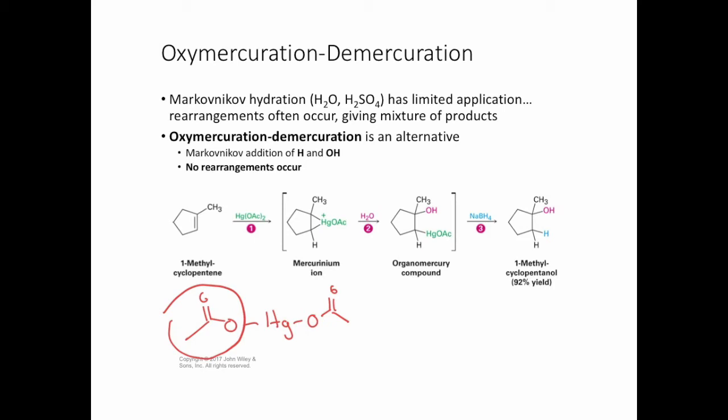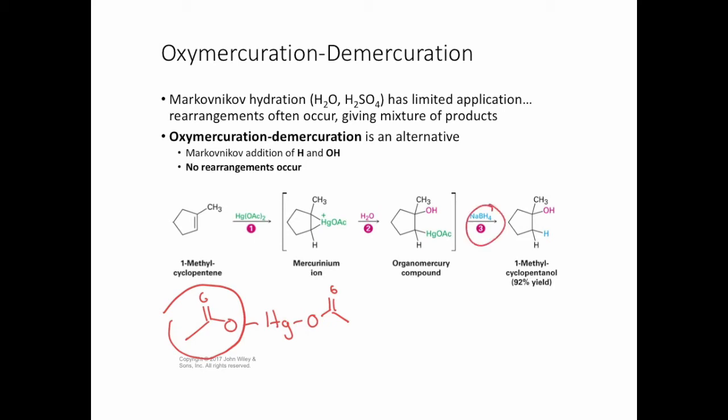And that's going to form a mercurinium ion. So like with the addition of a halogen, we formed a halonium ion, we're also going to form a 3-membered ring with mercury in the middle. And then water is going to add to that intermediate, opening up the ring.